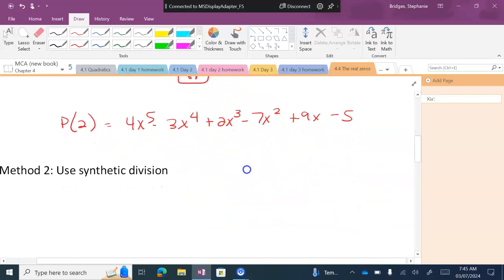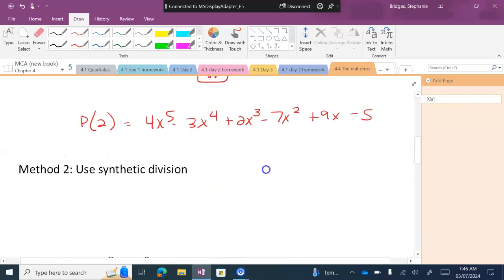Okay, so if we're going to do synthetic division, then the number that's in the parenthesis is the number that goes in our box. And then remember, I use my coefficients. I have to start with the highest degree of x and go down from there. Am I missing any terms here?